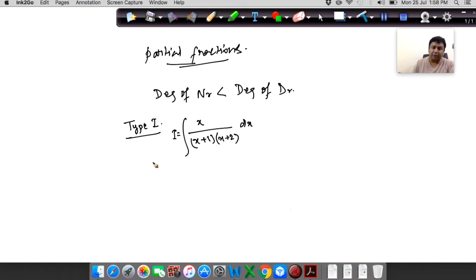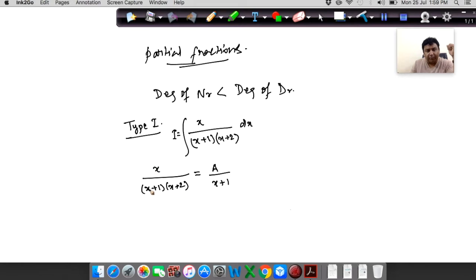So I'll write this separately: x upon (x plus 1)(x plus 2) equals a upon x plus 1 plus b upon x plus 2. In type 1 partial fraction, you should have linear factors here: x plus 1, x plus 2, x minus 3, all multiplied, but they should be linear.